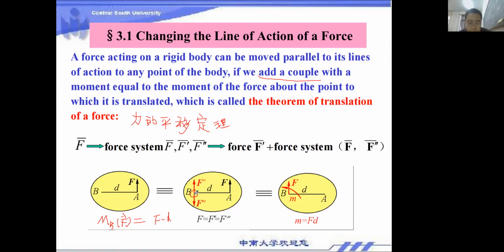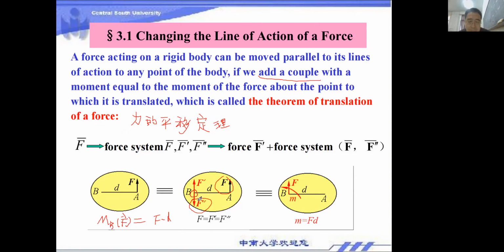So we can add this and then we can change it because you will find, very interestingly, this F and this F double prime will constitute a couple, right? Because F is parallel to this F double prime and has the same magnitude and opposite direction.